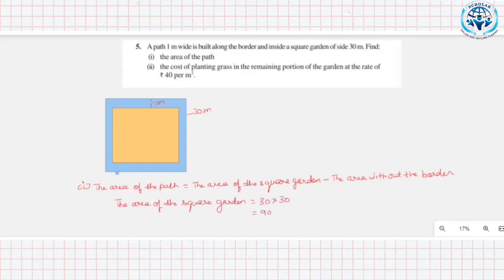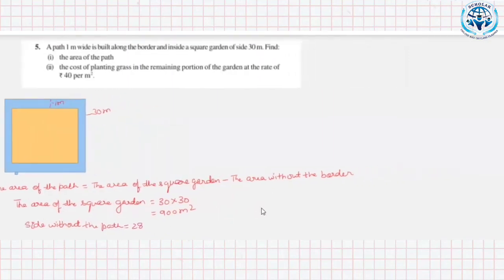The area of the square garden is 30 into 30 is equal to 900 meters square. Now the side without the border is 28 because 2 meter is the width of both the sides, 1 plus 1, that is subtracted. Now the area without the path will be 28 square.